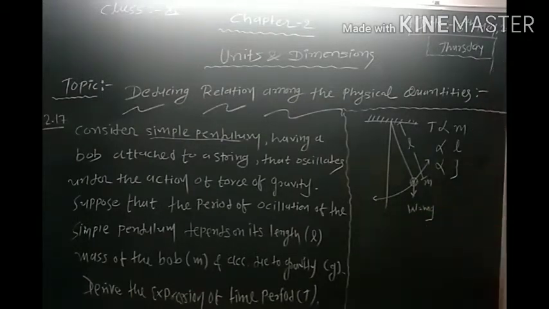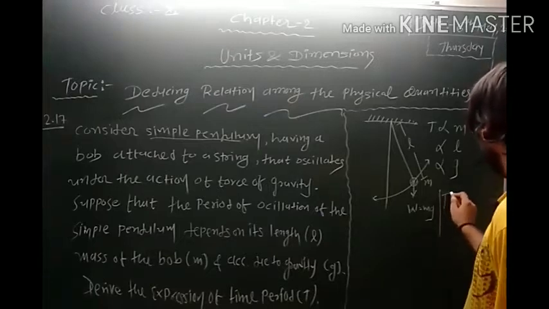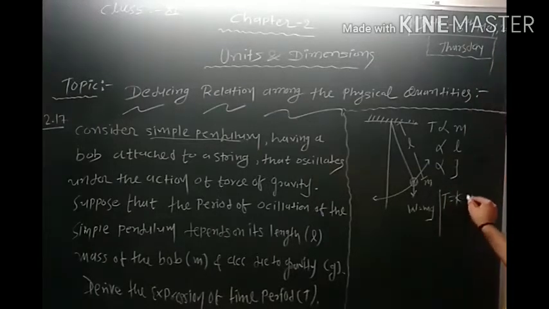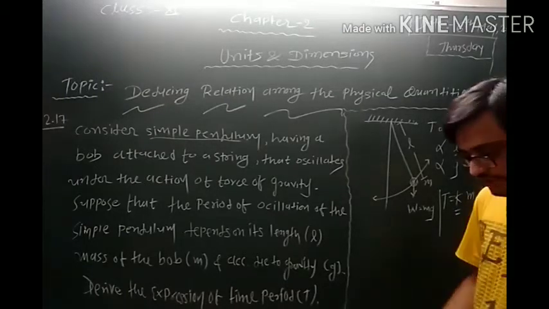Now combined we can write the equation T equals K, m, l and g. Here K is a dimensionless constant.